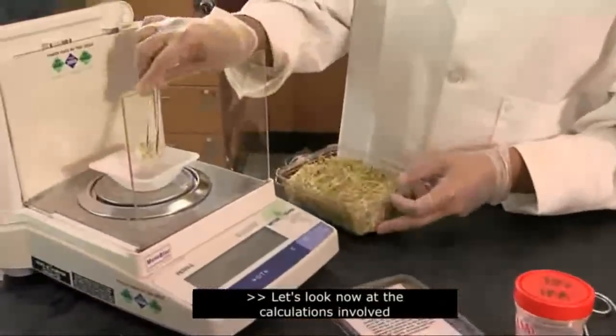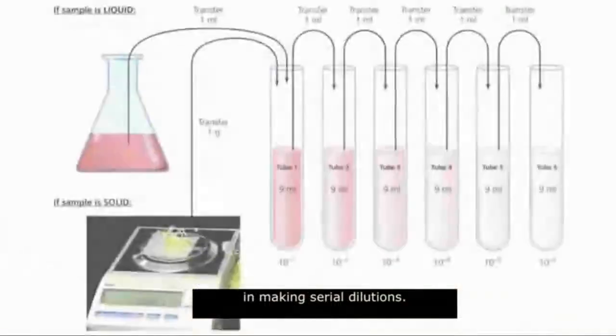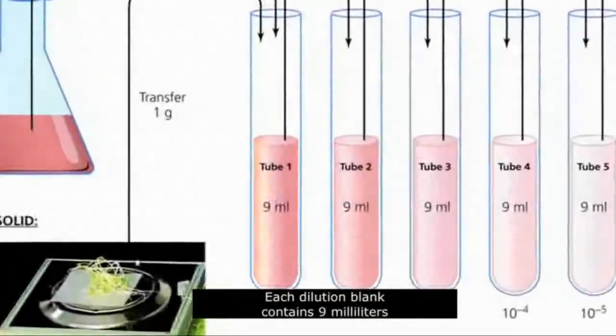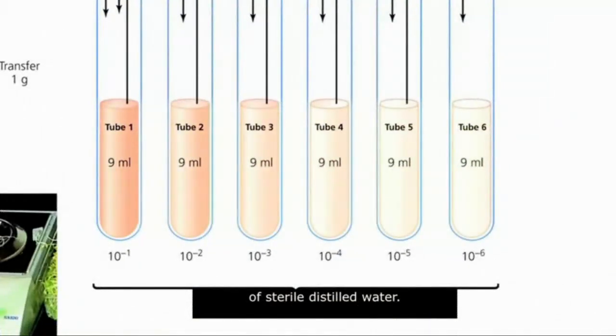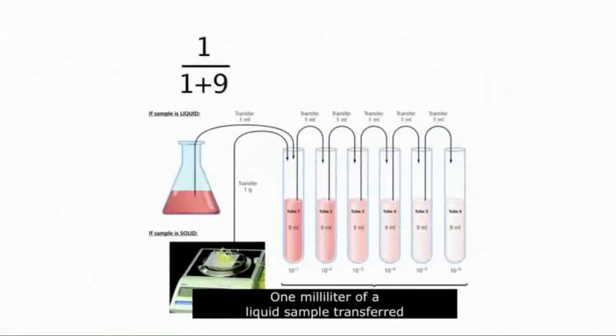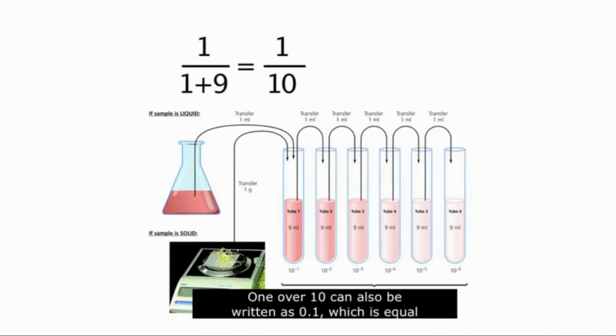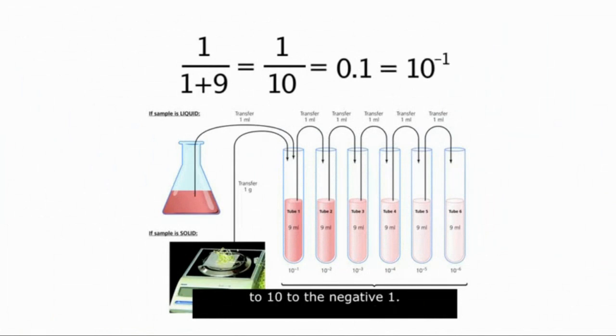Let's look now at the calculations involved in making serial dilutions. Each dilution blank contains 9 milliliters of sterile distilled water. 1 milliliter of a liquid sample transferred to 9 milliliters gives 1 milliliter of sample in a total volume of 10 milliliters. 1 over 10 can also be written as 0.1, which is equal to 10 to the negative 1.